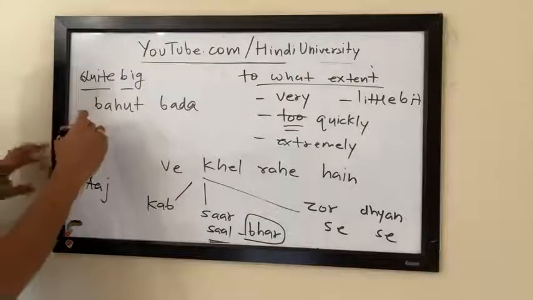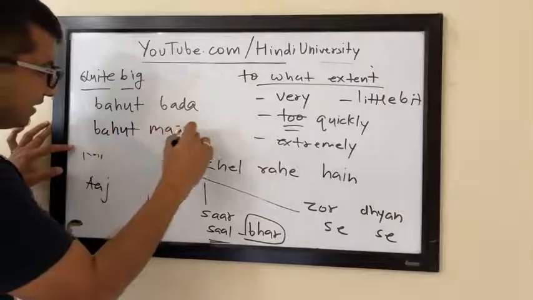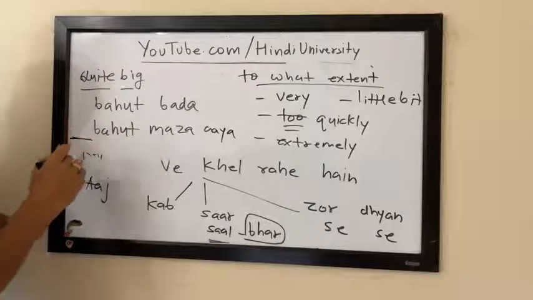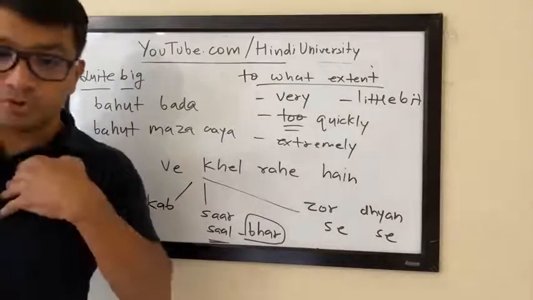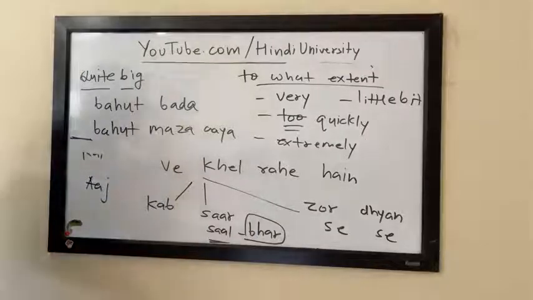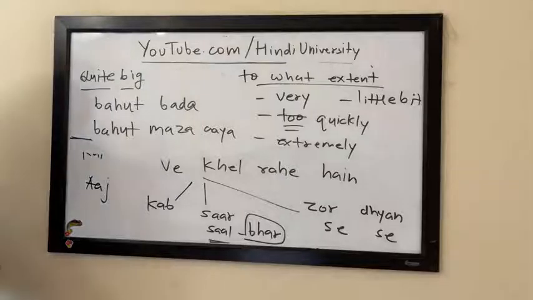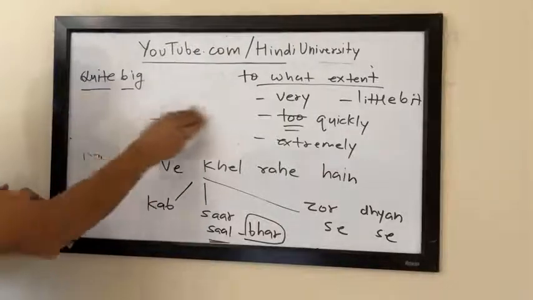I'm going to write it down. बहुत मजा आया. It doesn't say the subject basically because it's implied. Like मुझको, to me, a lot of pleasure came. That's how it is being written. मुझको बहुत मजा आया और हमको बहुत मजा आया. So that's basically the extent.